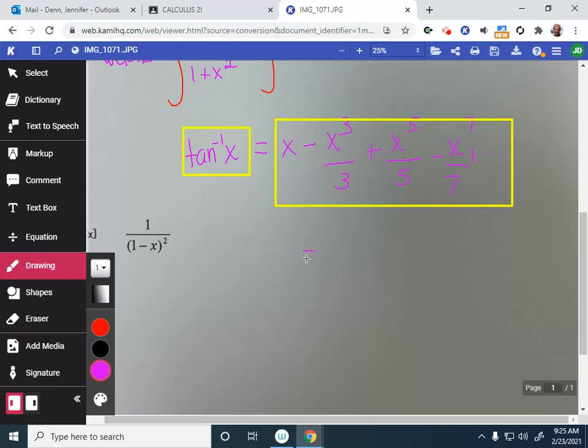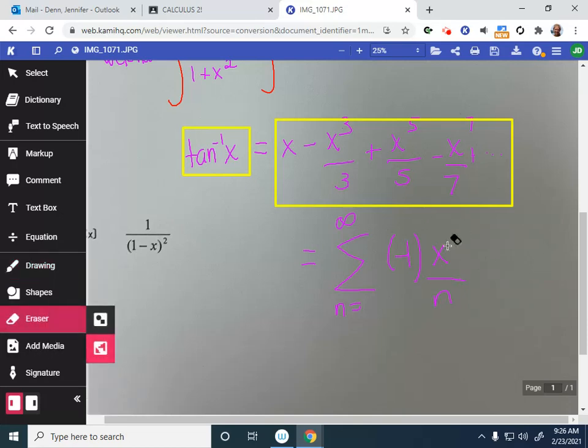This does not. So how am I going to write this general term? Well, first of all, I do have an alternator. My signs are going to change every other. And then how do I indicate the powers? I can't just do x to the n over n, because that would mean I would have x to the 1st and then 2nd and then 3rd, but that doesn't happen. So instead, what am I going to make those powers?